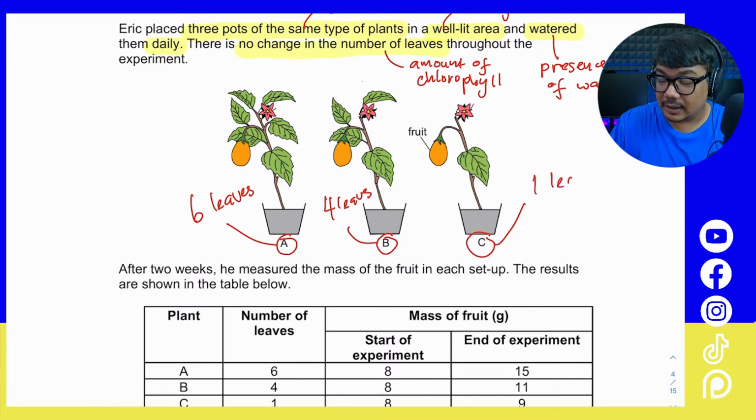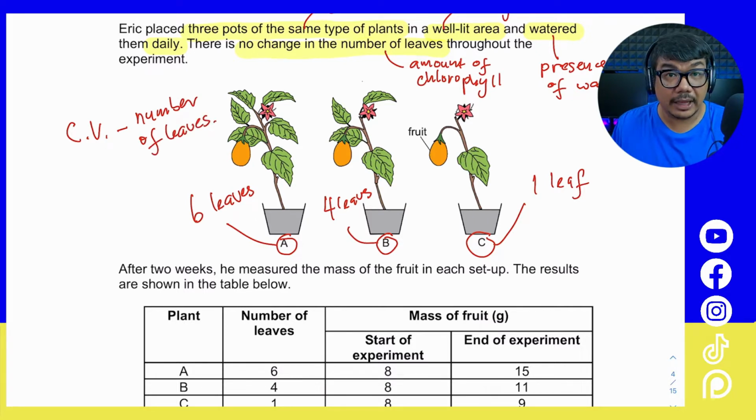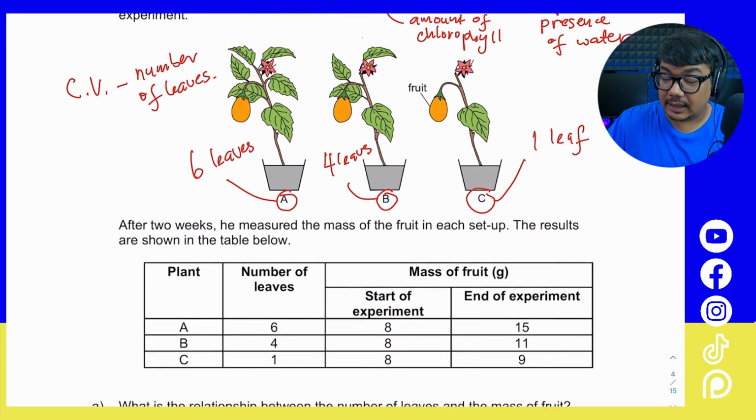Chlorophyll is found in the leaves, so the fewer the leaves, the lesser the amount of chlorophyll. The job of chlorophyll is to absorb light energy to make photosynthesis happen. So our changed variable in this case is the number of leaves.